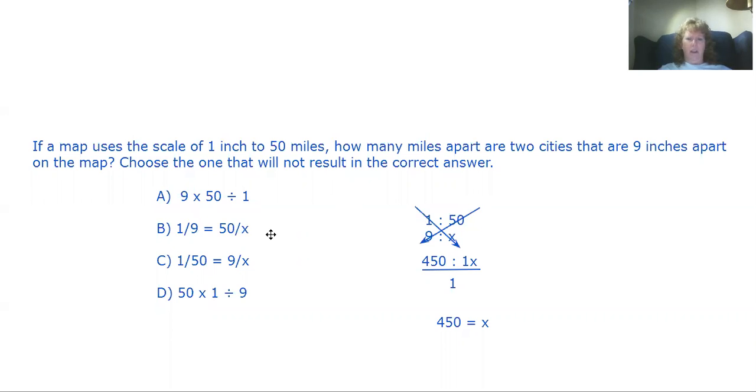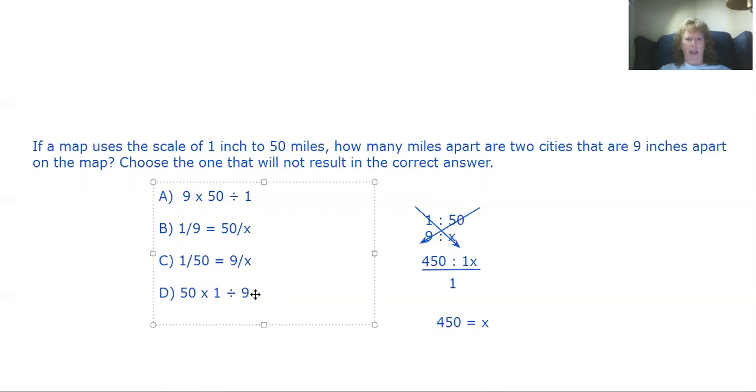Then we have 1 over 50, that could be 1 to 50 and 9 to x. So that's the same. So this last one must be the one that does not result in the same thing. Here they've multiplied 50 times 1, and that's not what we did at all. So the answer that would not result in the correct answer would be D.